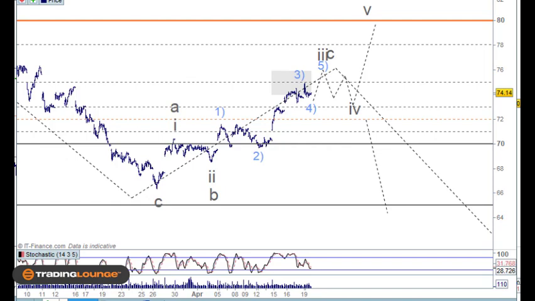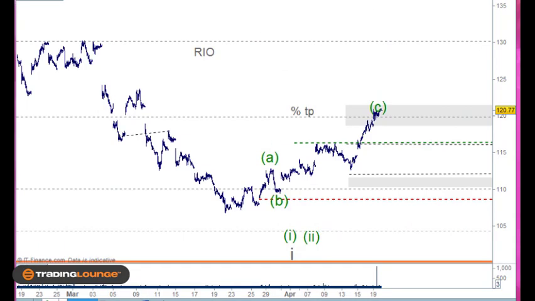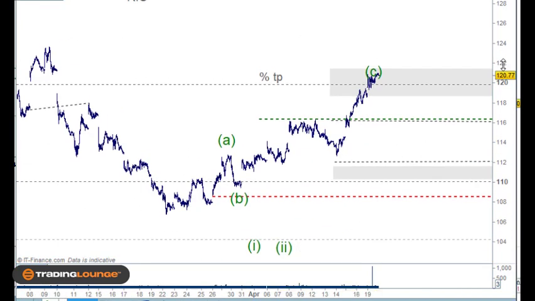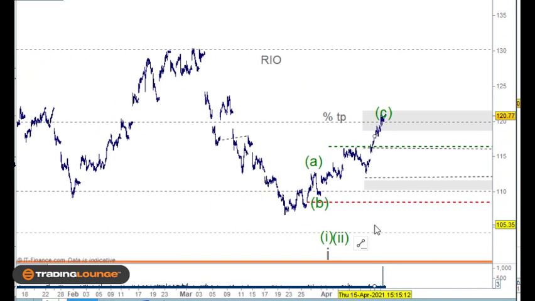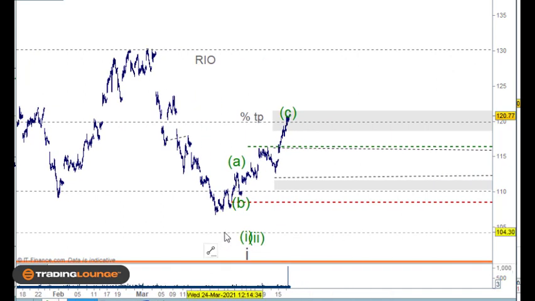And we'll look at this with Rio. So here we spoke yesterday, that's moved up nicely. Yesterday we spoke about taking a percentage or taking profit here. So I'll leave you with that, but just understand that Rio's not so bad, but it will move with the other guys.